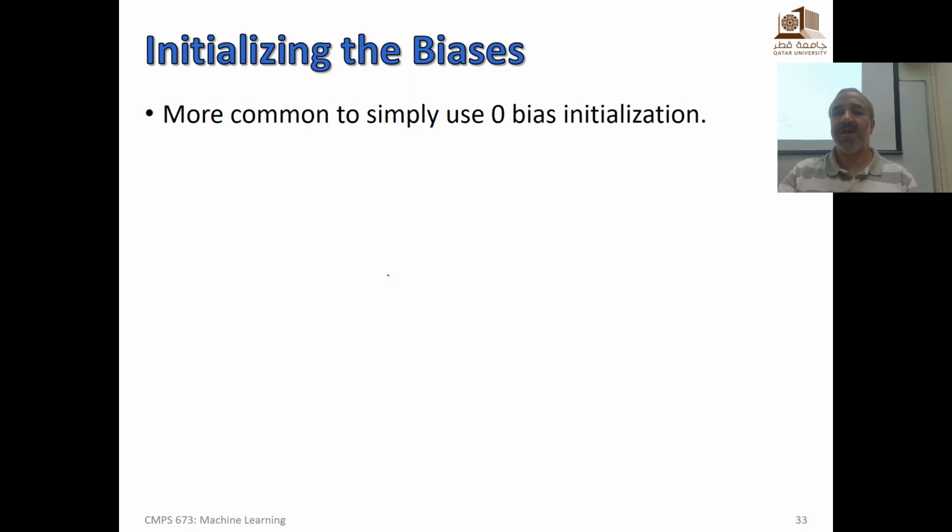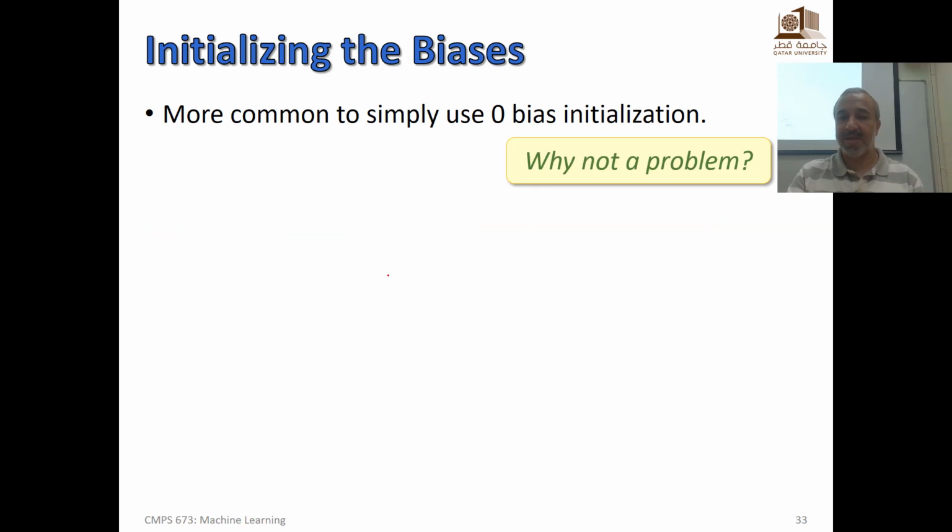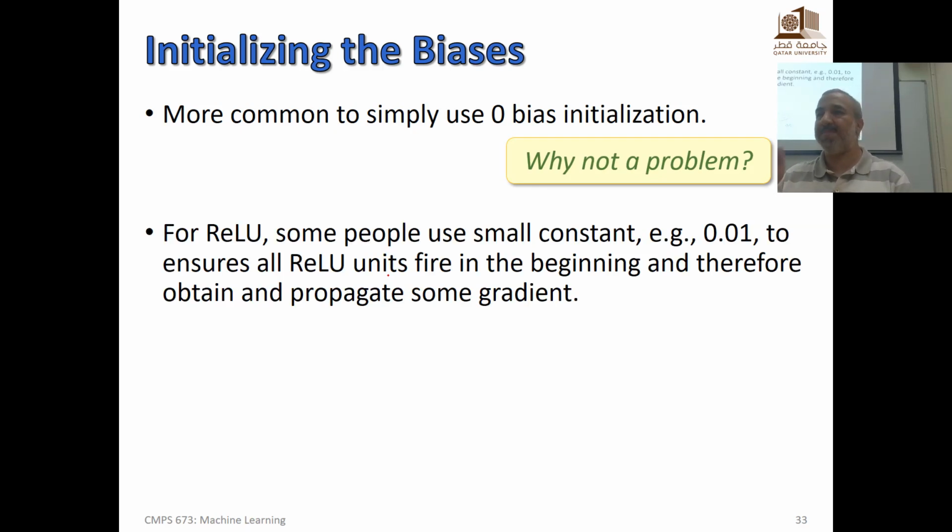In some cases, it is preferred not to do that, if we are using ReLU, for example, just to make sure that the output will not be zero. So we might fix the biases to a small non-zero value like 0.01, as we see here, just to avoid the output of the neuron being zero. But generally, we can assign it to zero.